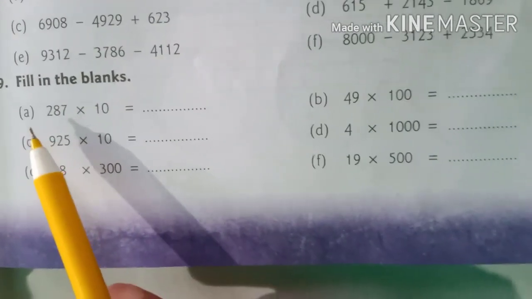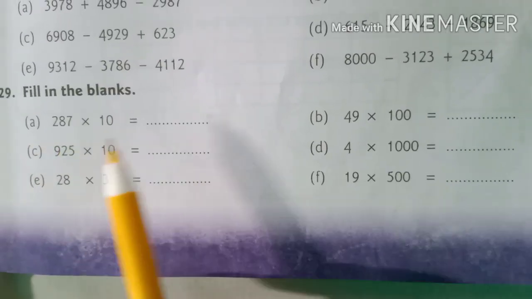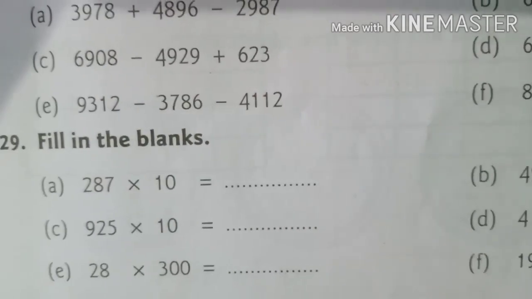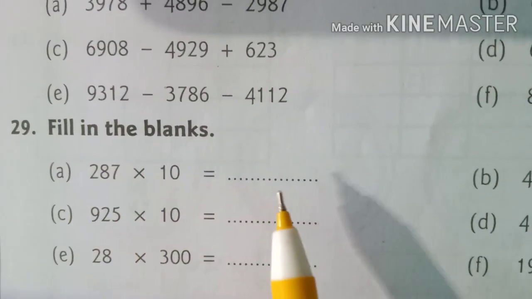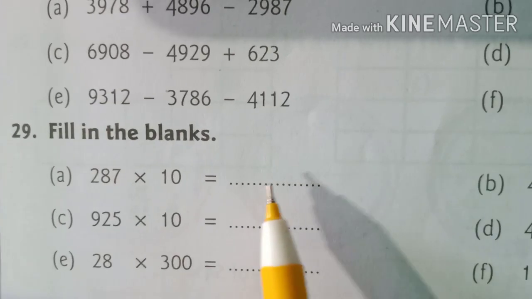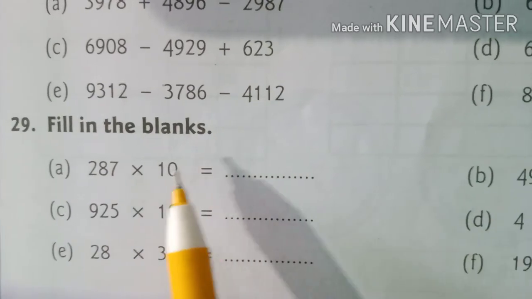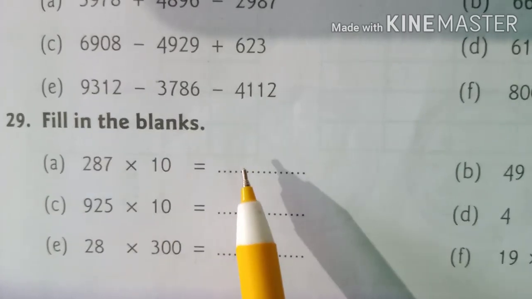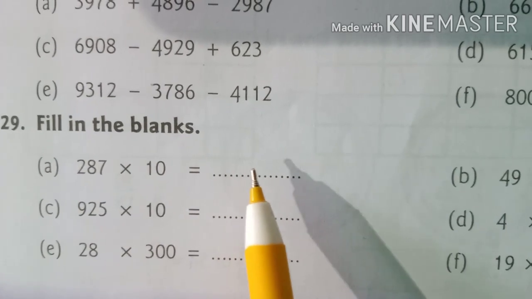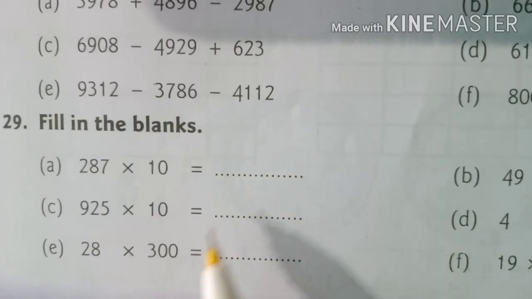Like see question A: 287 multiplied by 10. Then in this situation you will simply put one zero, because 10 is multiplied. So this answer will be 2870.